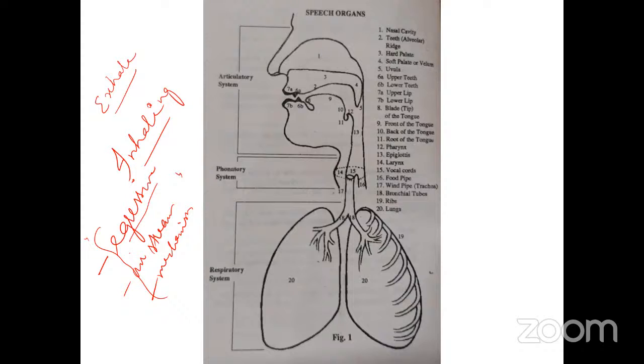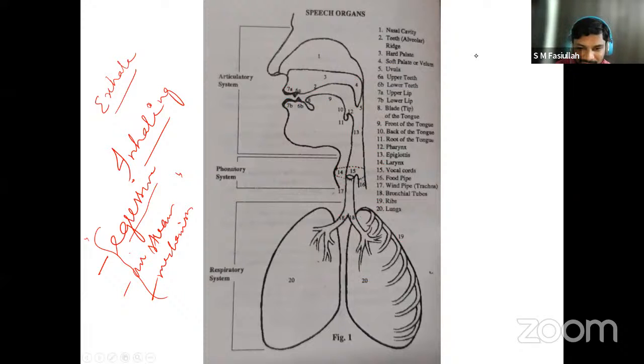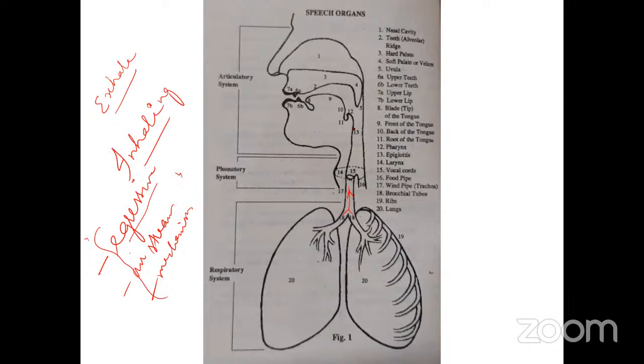Yes, both the lungs contribute in production of sound. Why? Because when air comes in, it equally goes to two different lungs. If you look at this pipe, whatever is coming here is equally getting distributed. So the air goes to two different lungs, and when it comes back, it comes equally from both the lungs. That is why both the lungs play their role in production of human sound.